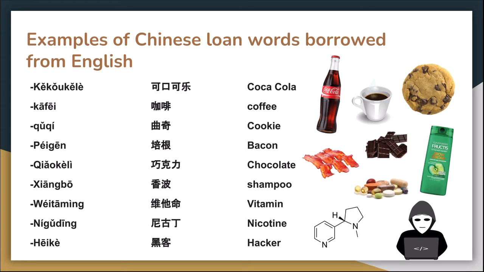Just like Coca-Cola, this one also carries its meaning. Because when you translate it, it means black guest or illegal guest. Just like how hackers illegally access private information online. Like Coca-Cola and hacker, when you borrow words from English to Chinese, sometimes Chinese words can carry the meaning.